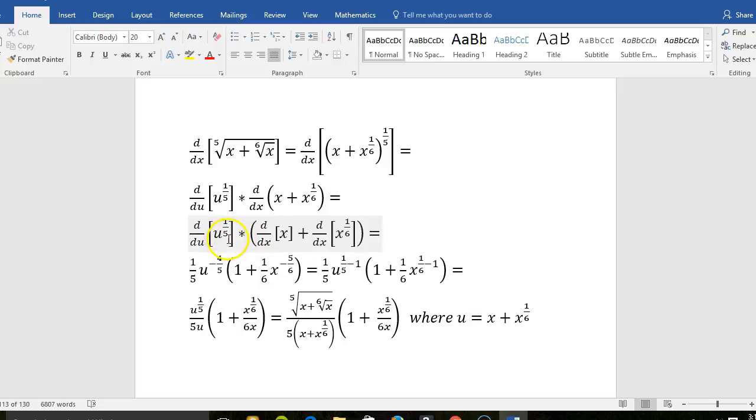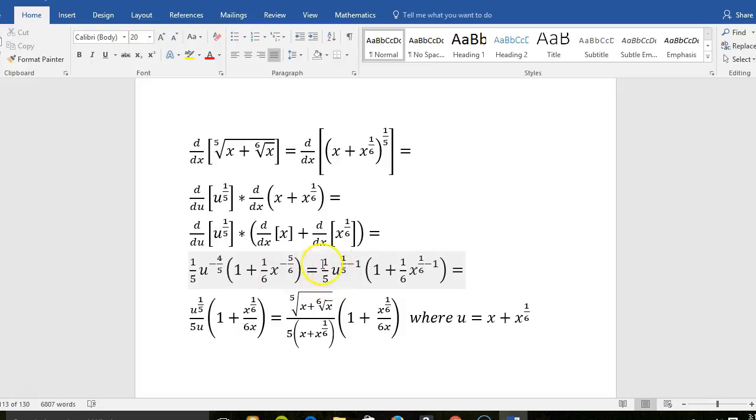I tell you what, since this example is just to bring home the power rule and the chain rule anyway, you can go ahead and just bring this u to the negative 4/5 down here with the 5, and you'd have 1 over 5 u to the positive 4/5 all down here. If you'd rather do it that way, that's fine.